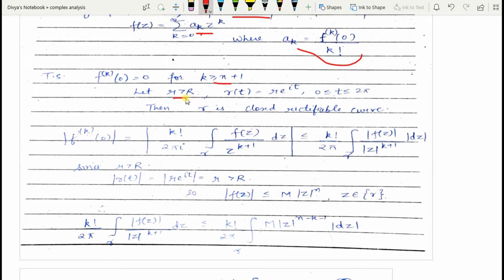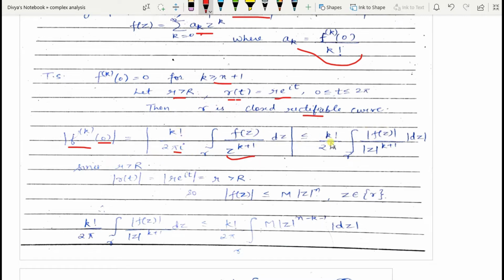Now to prove this, let small r be greater than R and gamma(t) be the curve r e^(it), where t is from 0 to 2 pi. Then gamma is a closed rectifiable curve, a circle centered at 0 with radius r. Now if we are finding modulus of f^(k)(0), then f^(k)(0) can be written as k factorial upon 2 pi i times the integral of f(z) upon z minus 0, so z to the power k plus 1, dz.